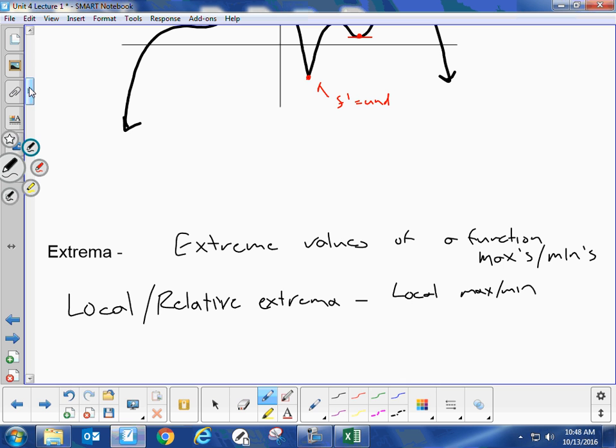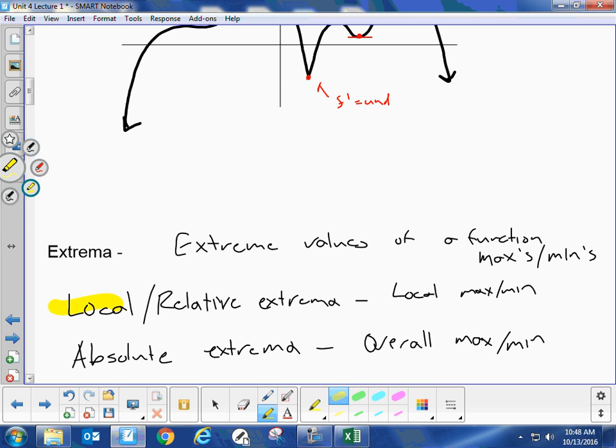And we will have absolute extrema, which will be our overall maxes and mins. In this unit, we will stick to local or relative extrema. We will look at absolute extrema at a later date.